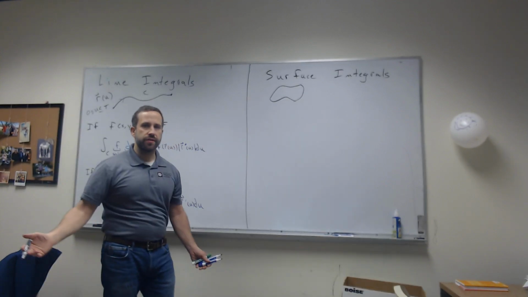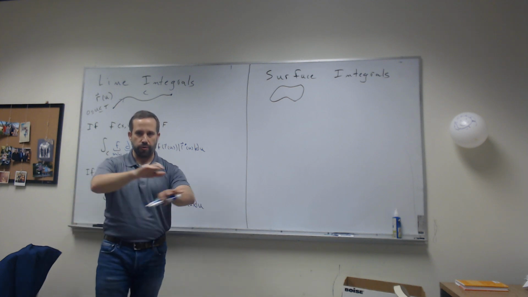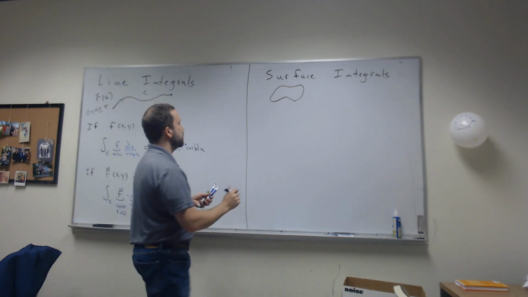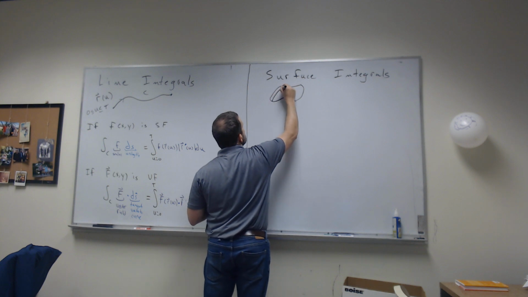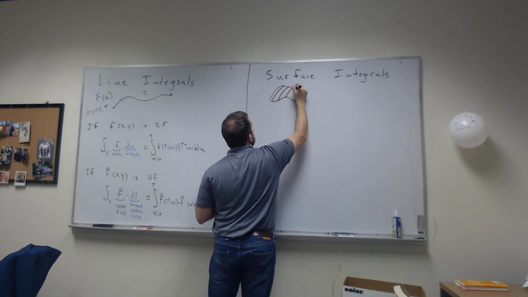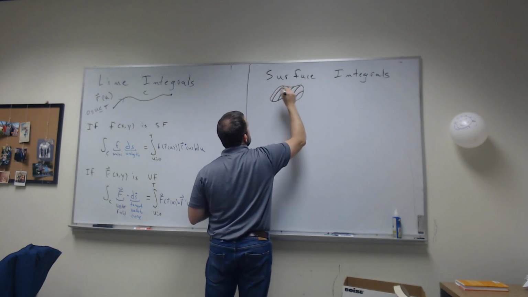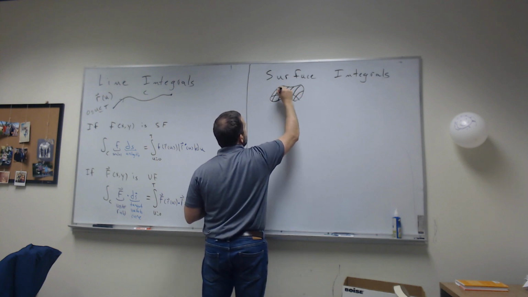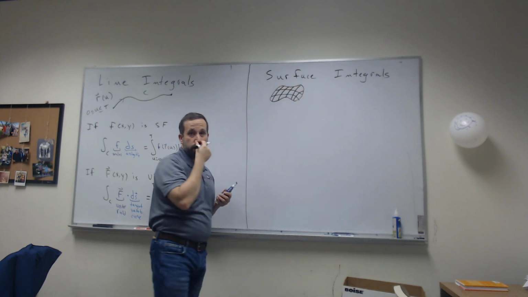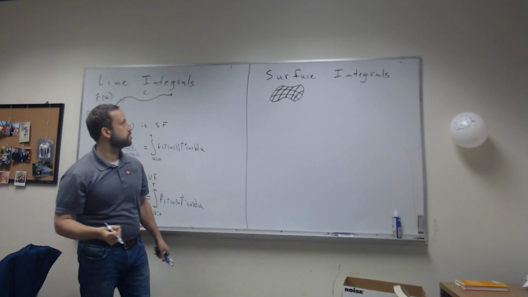We could think about a surface in two-dimensional space, but that's just going to be a region in R2, so we don't typically think like that. It could also be in higher dimensions as well.